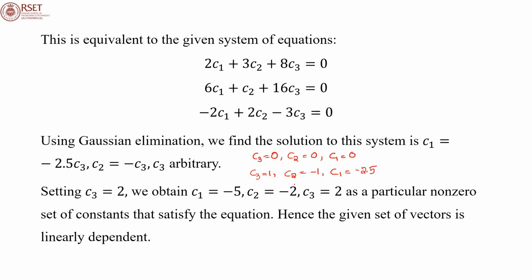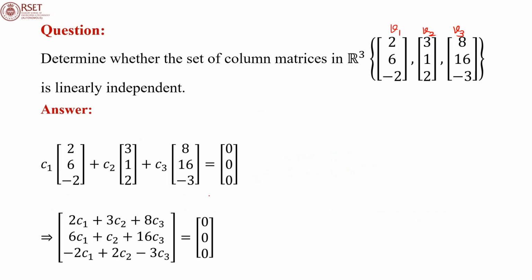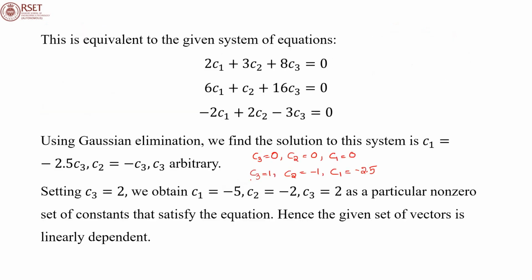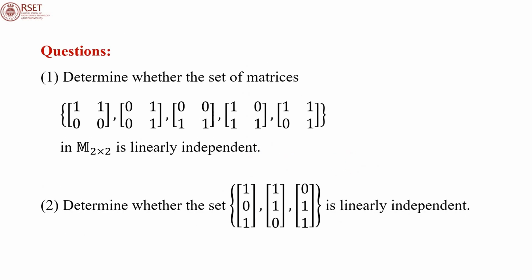So C1, C2 and C3 can have infinitely many different values for this system. This means that other than the 0, 0, 0 solution, we have many different solutions for the equation C1 V1 plus C2 V2 plus C3 V3 is equal to 0, which means that this set of vectors is linearly dependent.